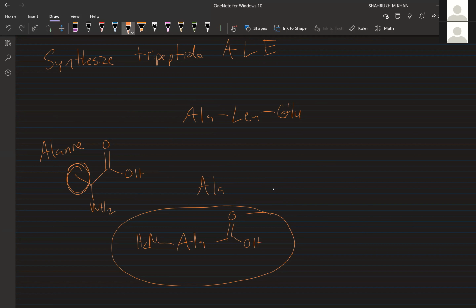N to C. So that means here we have NH2, and here we're going to have COOH. So yes, the order of how you do this does make a difference, because you have to either protect or deprotect the C or N terminus, depending on how you couple it.